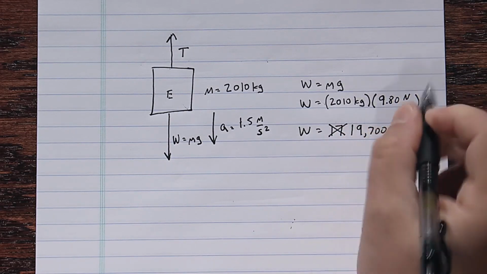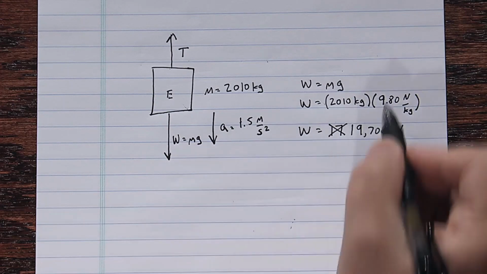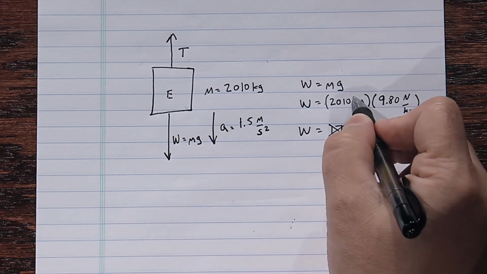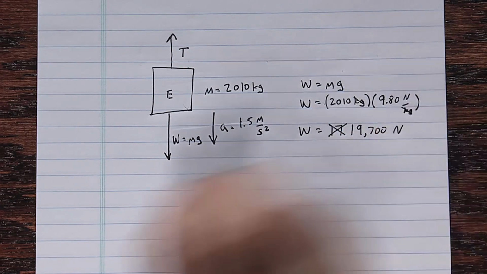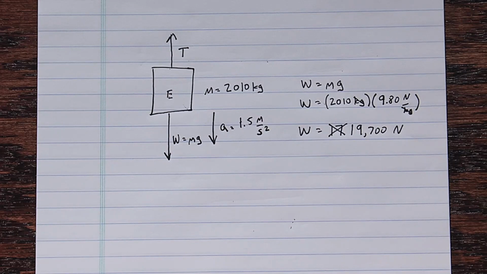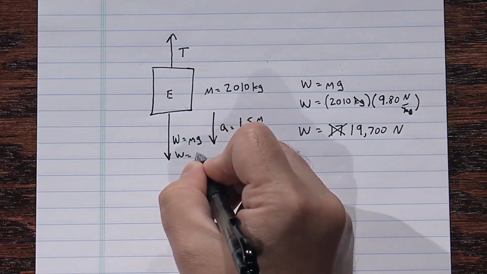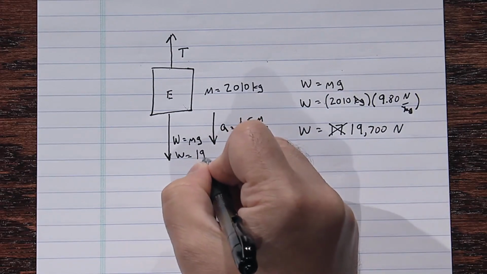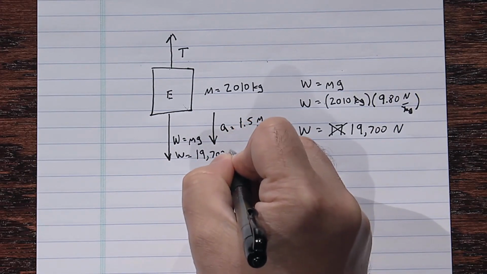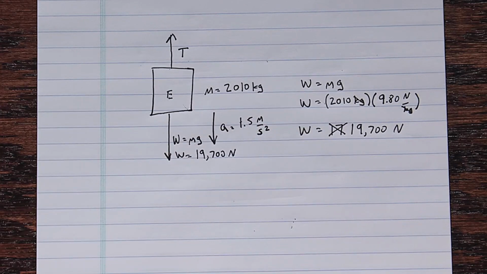And how do I know it's newtons? Well, here I have kilograms divided by kilograms, and I'm left with units of newtons. So we know that the weight is equal to 19,700 newtons.